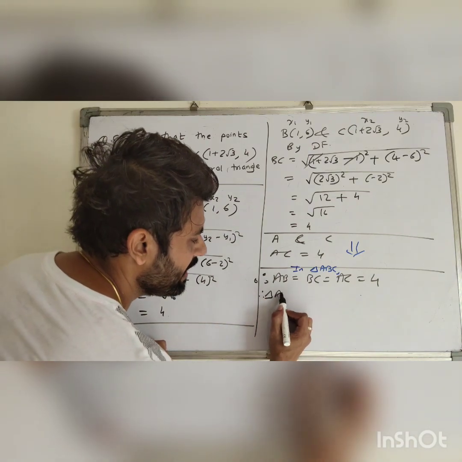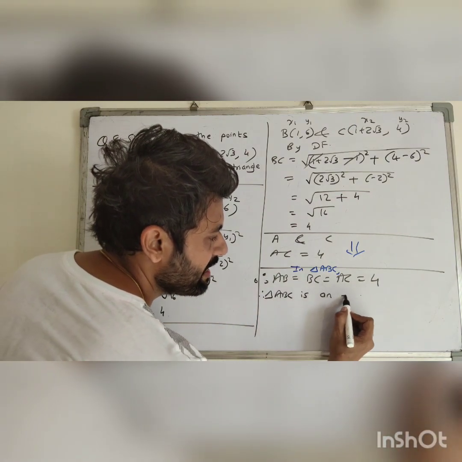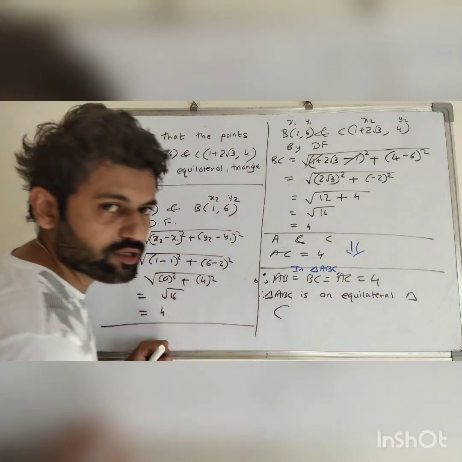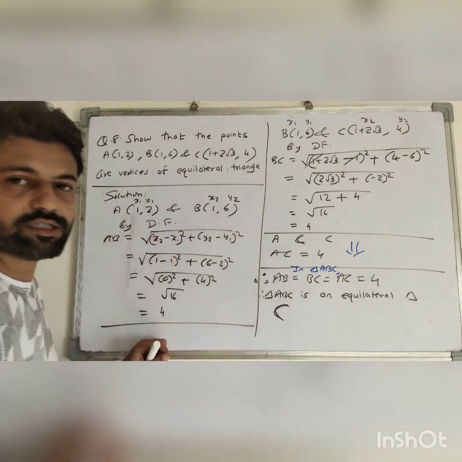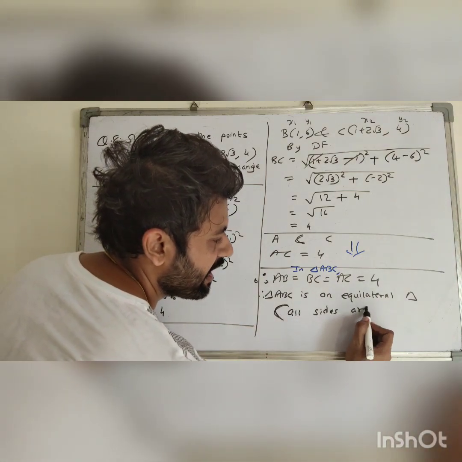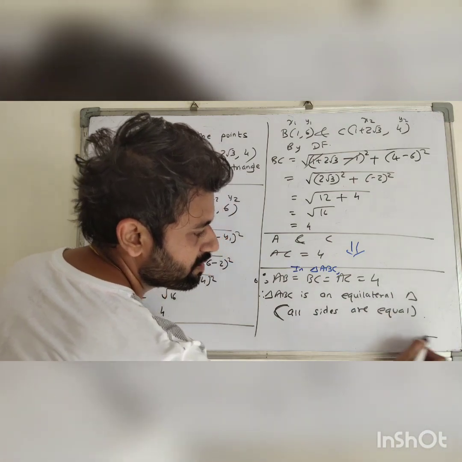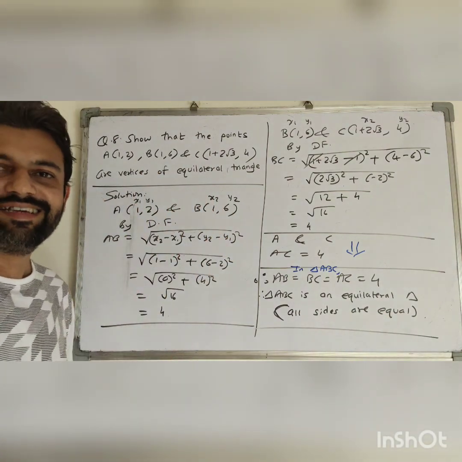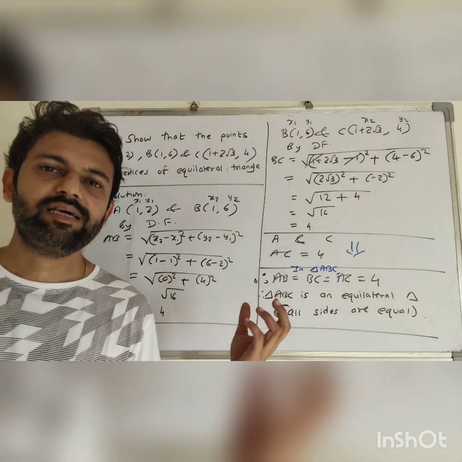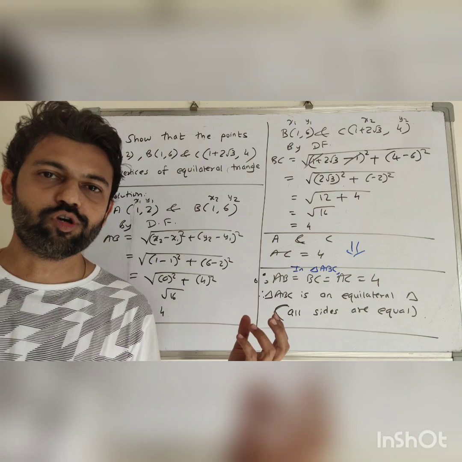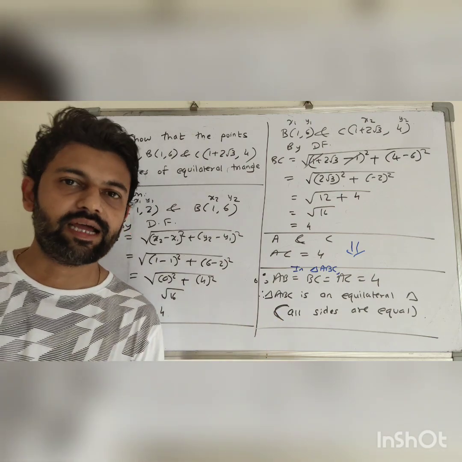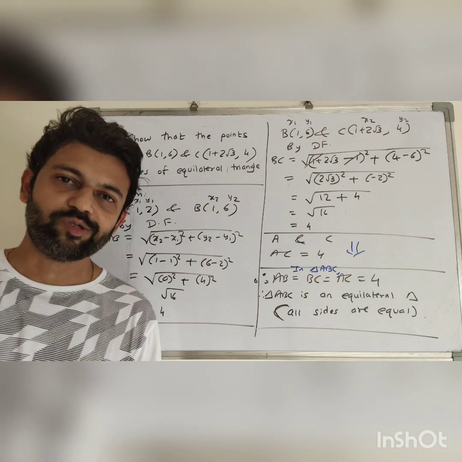Therefore, triangle ABC is an equilateral triangle because all the sides are equal, so it is an equilateral triangle. With this we complete exercise 5.1. The students may take the remaining unsolved sums in the tutorial as homework. In case they have difficulty, they can personally contact me and find out the solution. Thank you.